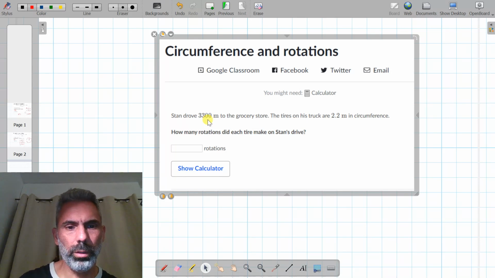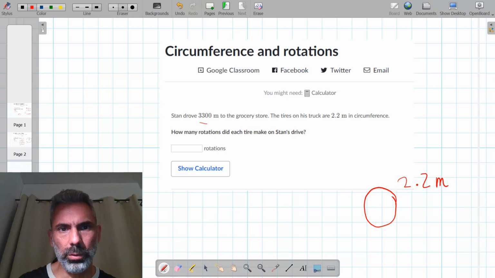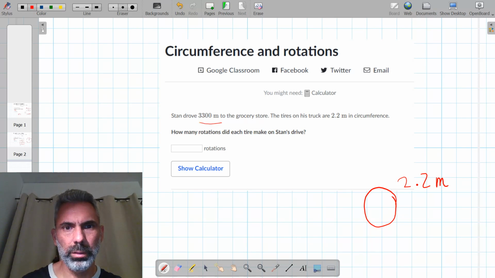Okay, so each revolution of a tire, let's say this is the tire, each revolution gives us 2.2 meters, and we have a total of 3,300 meters. So the number of rotations is the total distance divided by the circumference.